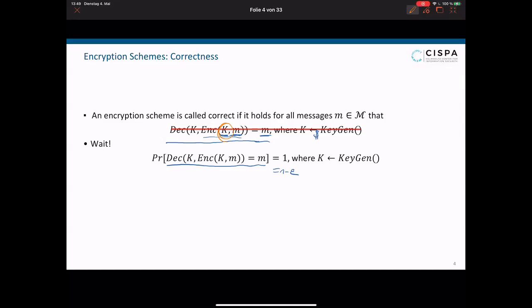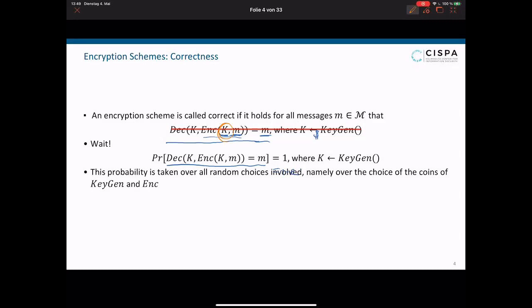In order to work formally correctly with a random variable, you have to do something like putting a probability around this. And this is exactly what we did here. Okay. Good.